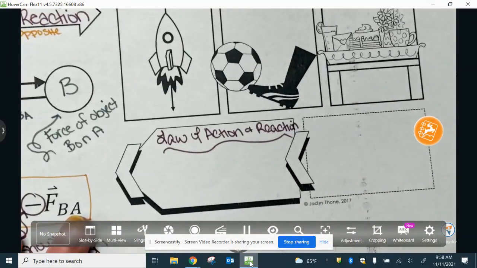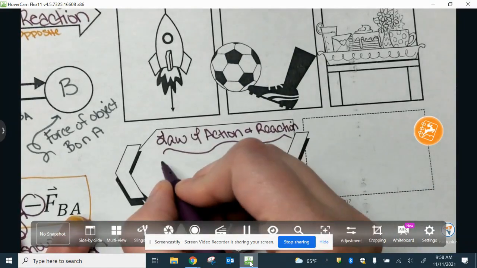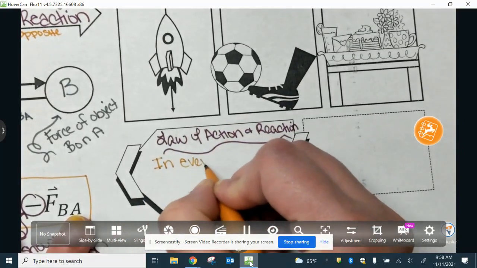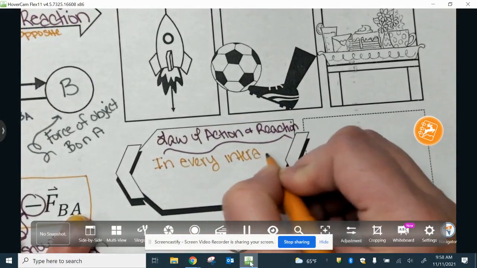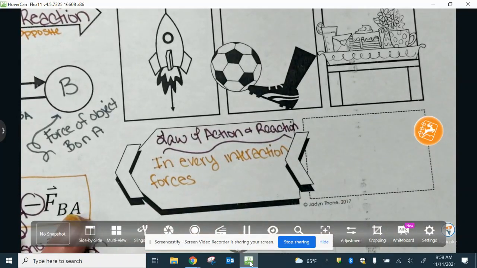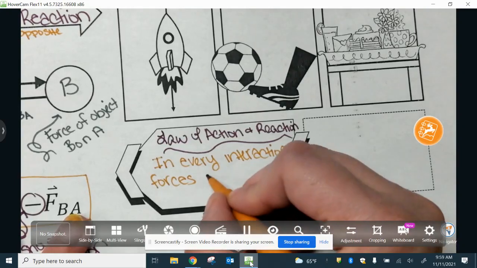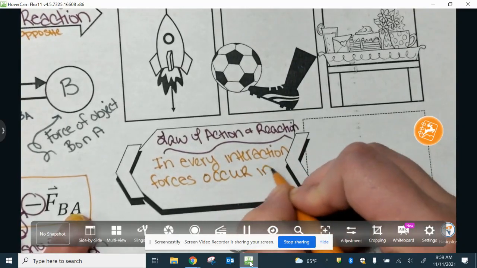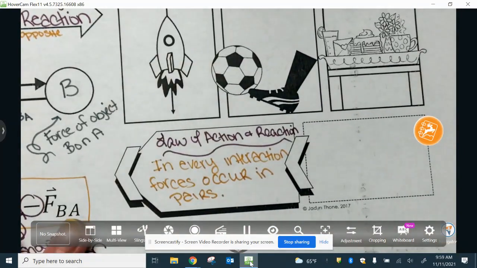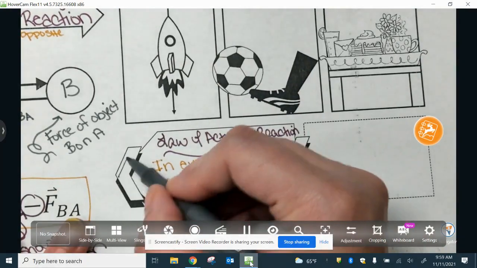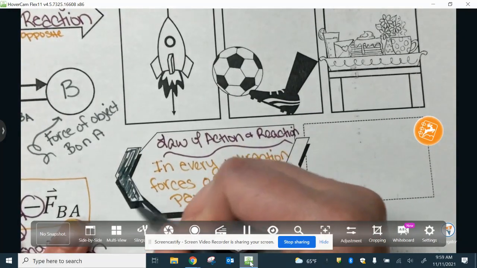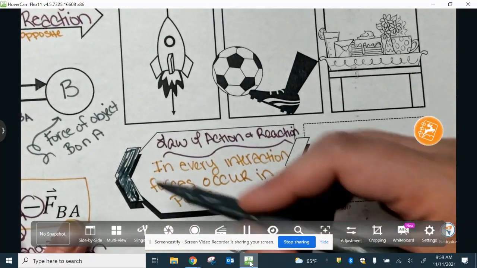It says that in every interaction, forces occur in pairs. Law of action and reaction. We good?